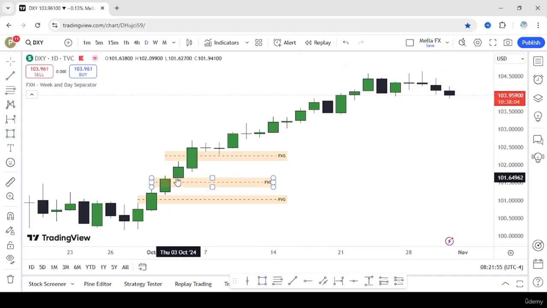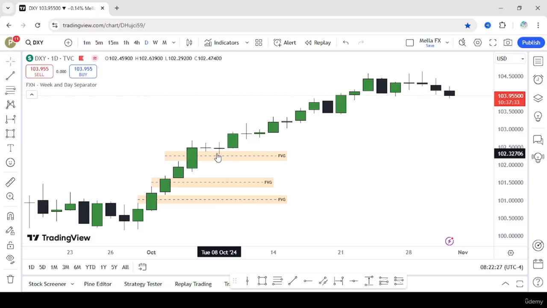A fair value gap is when we have, like here, the first candle, the second candle overlaps with the first one, and the third overlaps with the second, and then it leaves an imbalance. Then the market may move further away, or in this instance, immediately after forming the fair value gap, it comes back and retests.